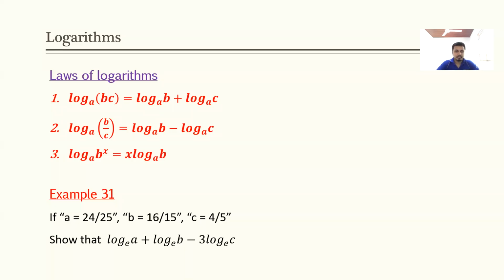Right. Example number 31. Show that log a to the base e plus log b to the base e minus 3 into log c to the base e. And they have given us the values of a, b, and c.